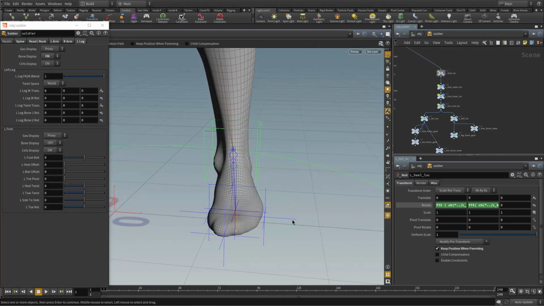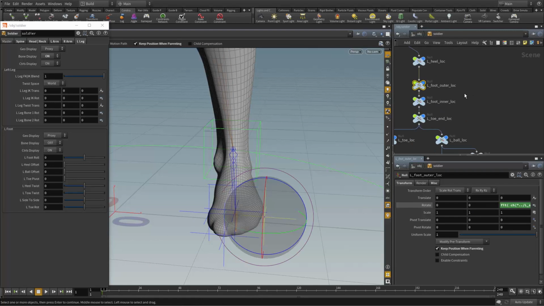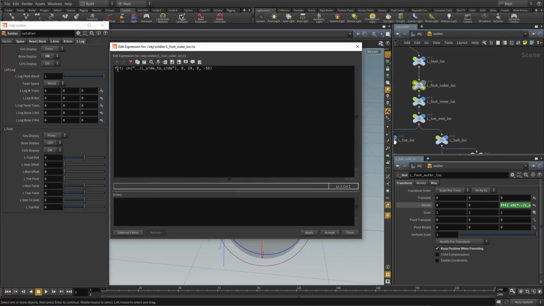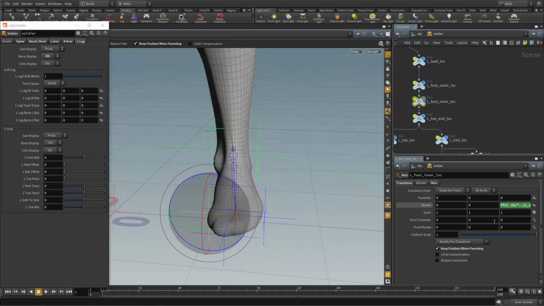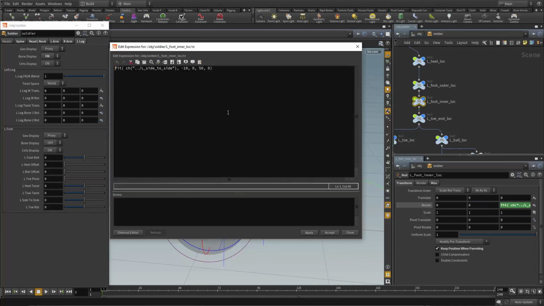You can see if I select one of the side-to-side ones, this left foot outer, I open that one up. Again, it's exactly the same kind of expression. I'm taking the side-to-side parameter, and I'm saying from 0 to 10, give me 0 to -50 in rotation. And then for the inner, I'm saying side to side, -10 to 0, 50 to 0.